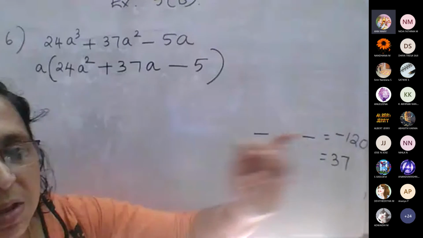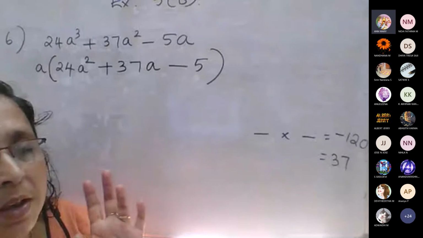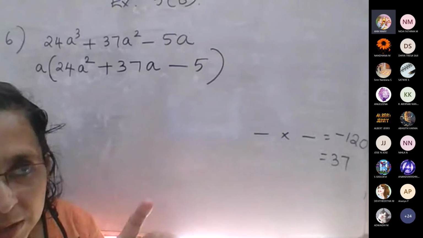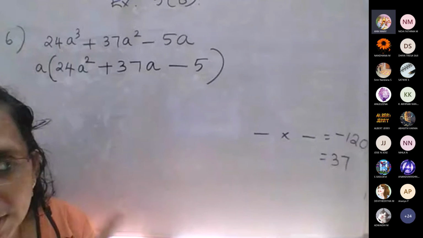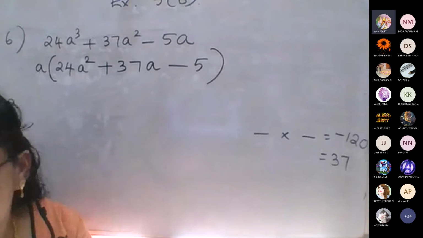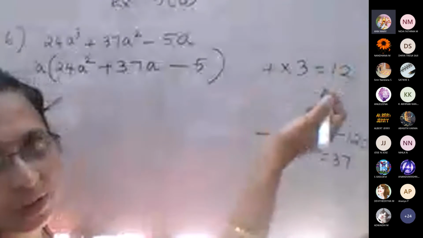Look at this 120. Don't bother about that 0; we get 12. So which two numbers, if we multiply, give 12? Think of that. 4 and 3, isn't it? 4 and 3 give 12.